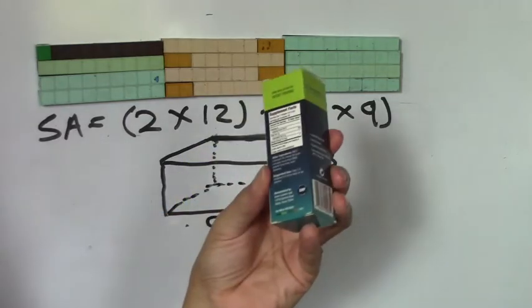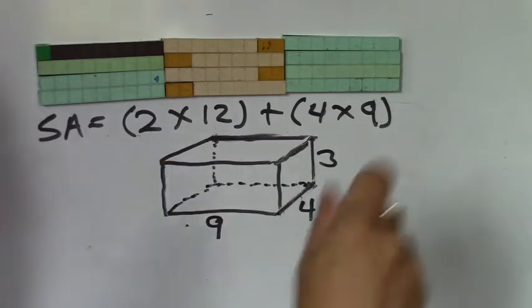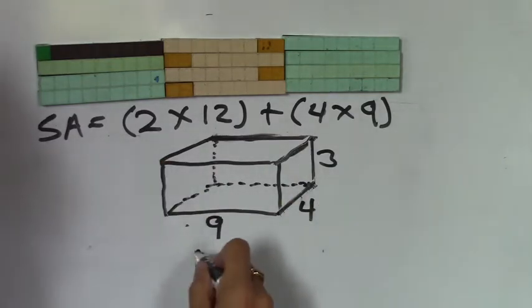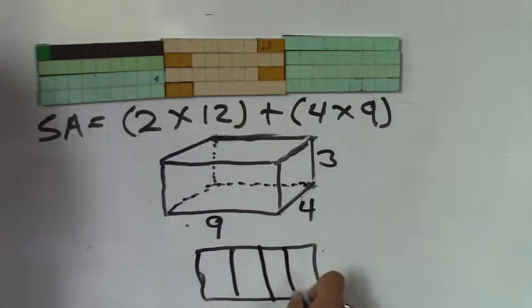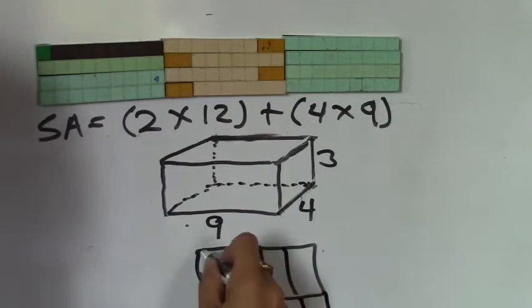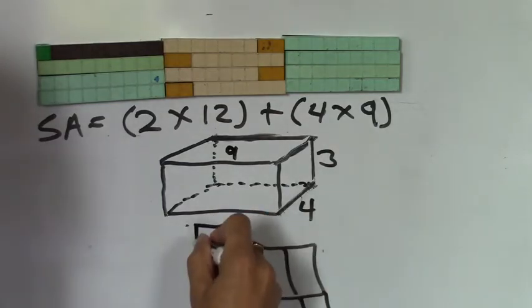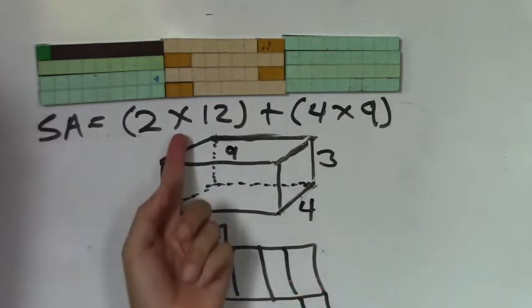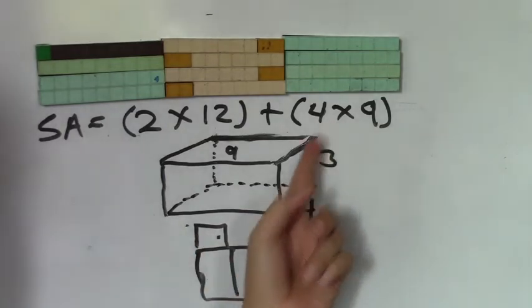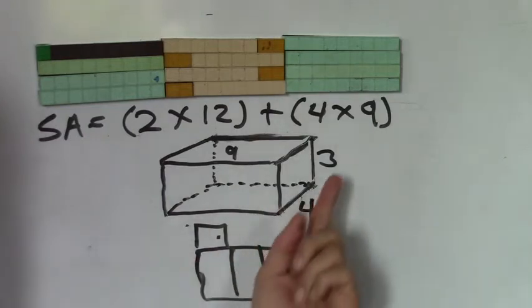Now, if I were to take this box apart, I would have a flat thing, a 2D shape. If I folded it together with a piece of paper, I would have 4 of these panels and these 2 panels. There's the 2 times 12s, and there's the 4 times 9s.